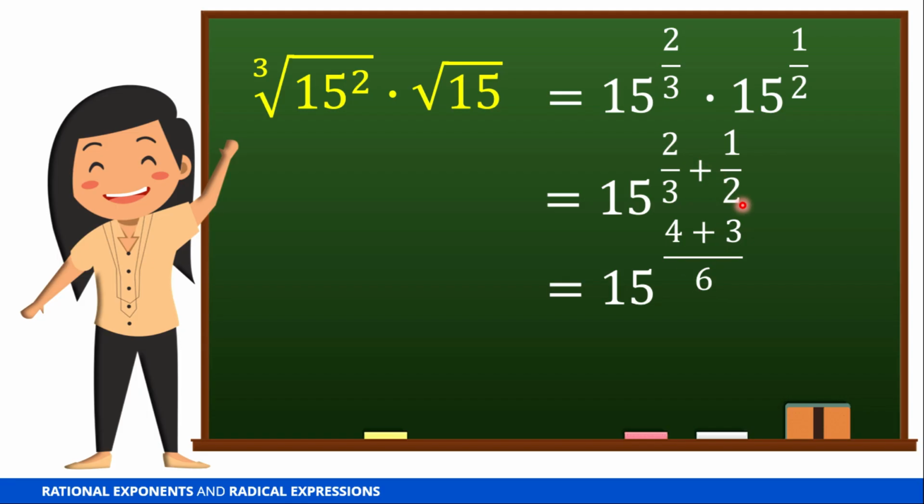Shortcut na lang, 2 times 2, that is 4, and then 3 times 1, we have 3. Add natin yung numerators natin. So, we have 4 plus 3, that is equal to 7 over 6. Okay? So, we have 15 raised to 7 over 6. Yung 7, syempre, mas mataas siya dito sa ating denominator, which is 6. So, aayusin pa natin ito.